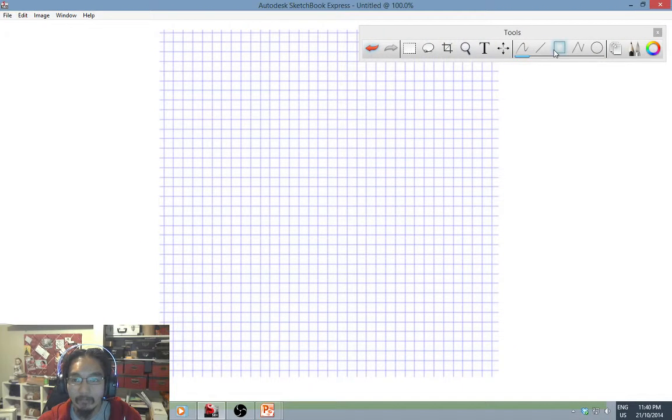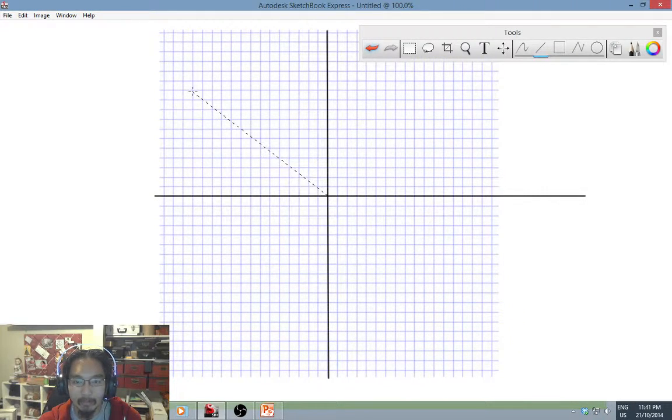Okay, so here, in the sketchbook, draw a set of axes. Let's put a terminal arm. Well, this angle could be this. That could be the angle.